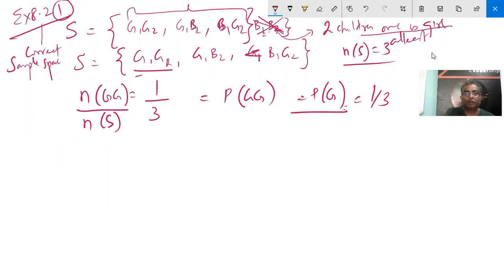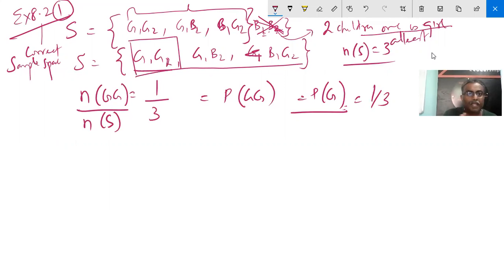So the actual sample set is now reduced to only 3. Sample size N of S is 3. First child is girl child, second child also girl child. First child is girl child, second child boy child, that is also a possibility. First child is boy child, second child is girl child, that's also a possibility. Both the children are boys is not a possibility because at least one is a girl. So that becomes your sample space. Out of the sample space, they now are asking, what is the probability that both the children are girls?